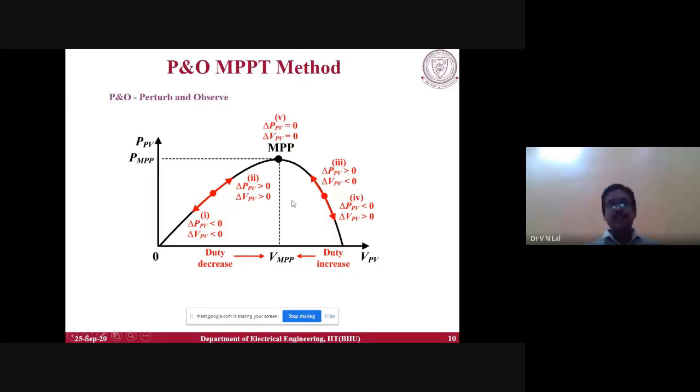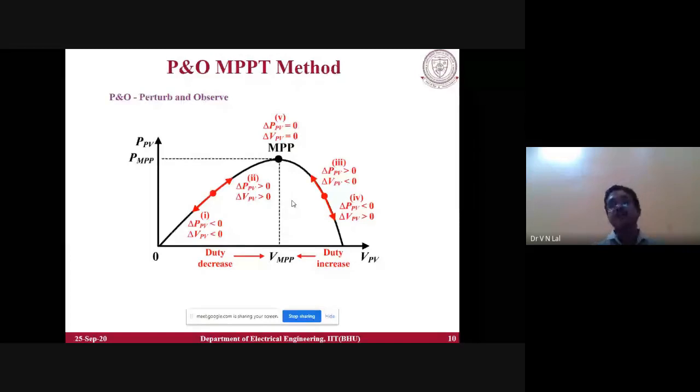If a perturbation in the voltage is given in any direction, and the power is increased, then the direction of perturbation is continued. Otherwise, the direction of that perturbation is reversed. So there should be some initial point.